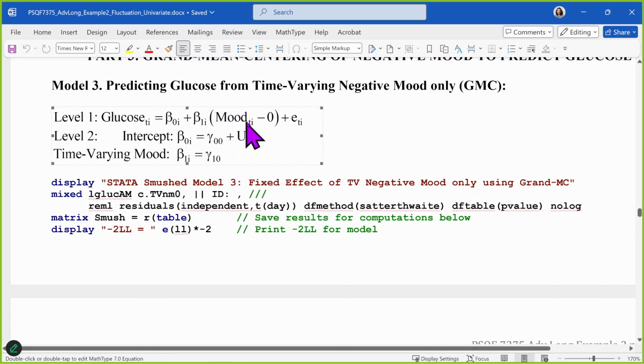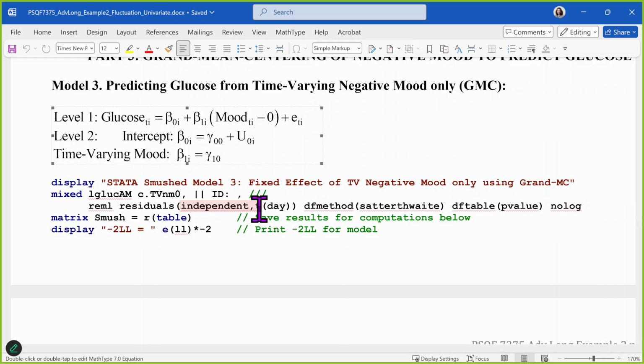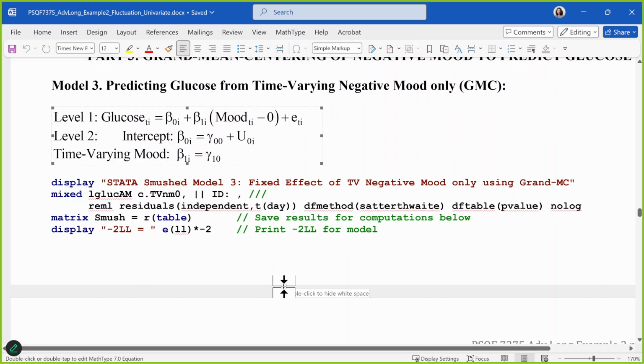So in this first model, I have committed the cardinal sin of smushing. How do I know that? Mood is only in level 1.